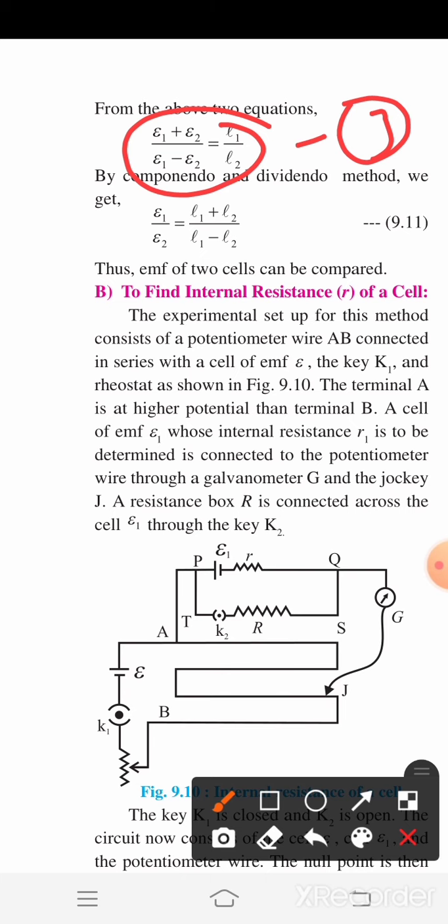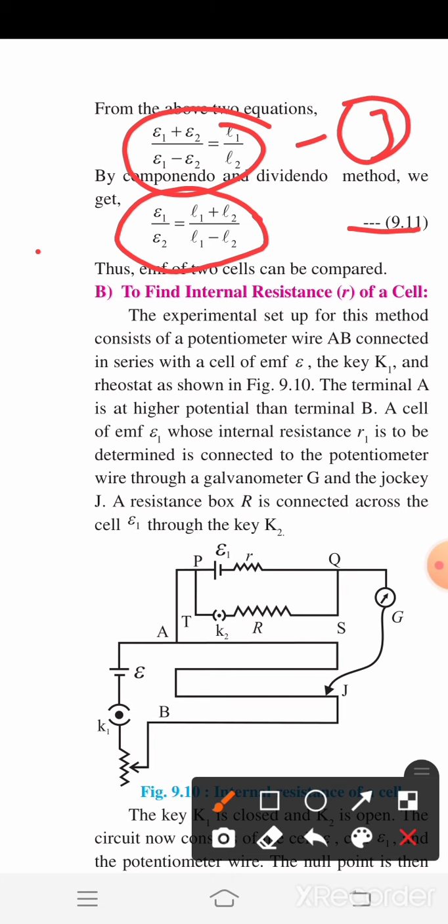We apply the componendo and dividendo rule on the LHS as well as the RHS. So by cancelling some terms, we get E1 upon E2 is equal to L1 plus L2 divided by L1 minus L2. Equation number 9.11. This equation is useful to compare the EMF of two cells using the second method, that is the sum and difference method.